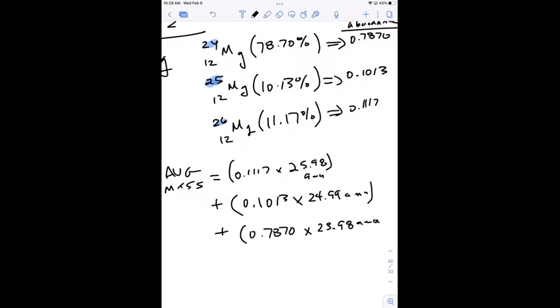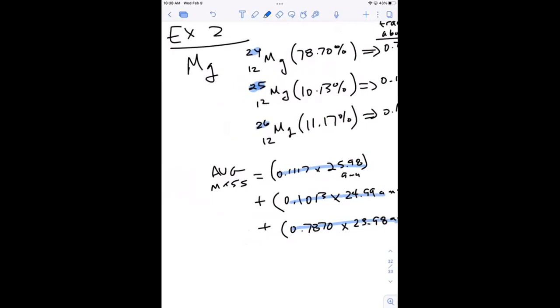And for a question like this, all those numbers will be given to you. The percentages as well as the exact atomic or isotopic masses have to be given. So it'll be this plus this, right? So this number plus this number plus this number would give us our average atomic mass.